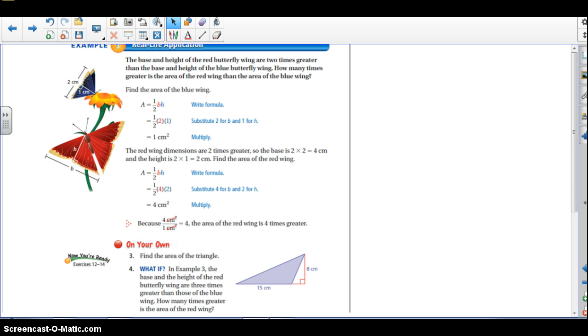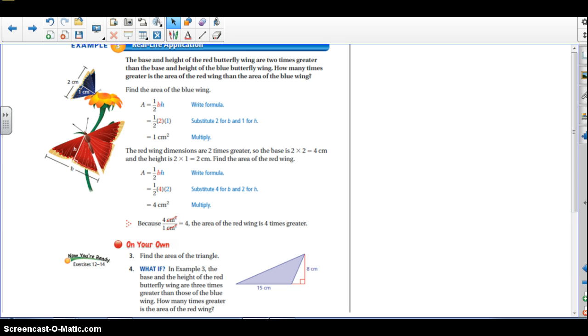Okay, sorry, I'm jumping ahead. Then you take the red wing, putting in the area formula. You then get 4 centimeters squared. Here's what happens.